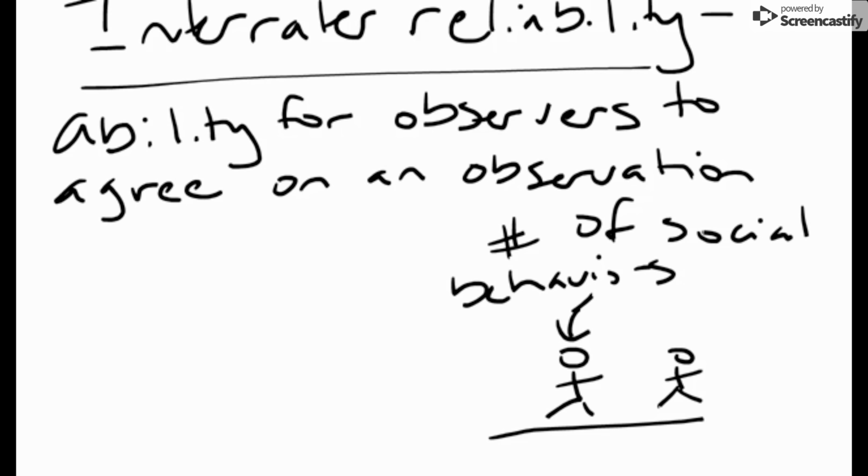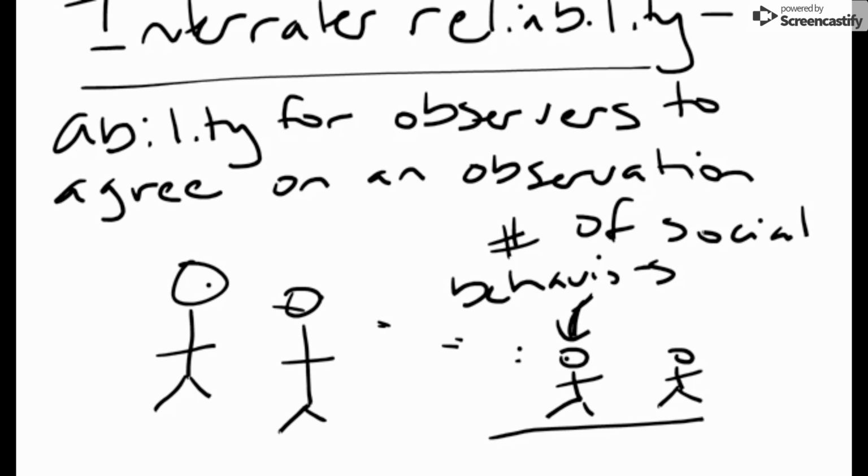And so you're going to watch this child play. You have two of your research assistants watch this child play. And each of these people, on their little clipboard here, is going to record the number of times they see a social behavior occur.